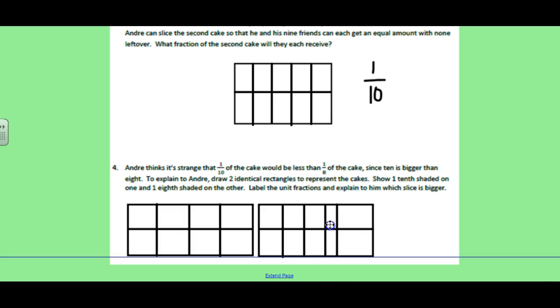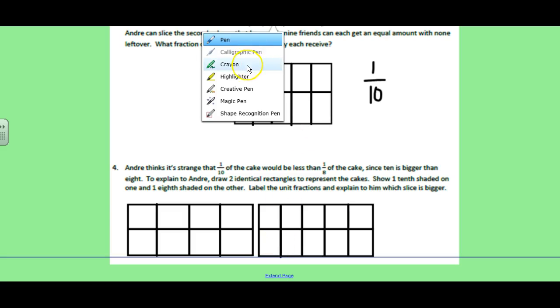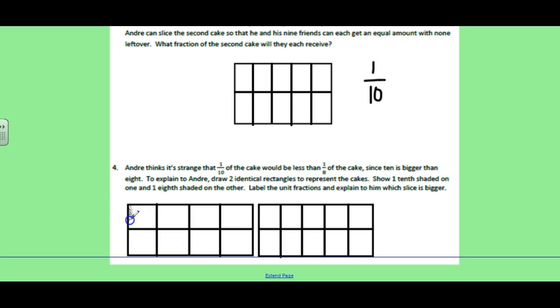So you can see the difference between 1/10 and 1/8. Because yes, you would think that 1/10 would be bigger than 1/8 because 10 is a bigger number. But the bottom number in your fraction, the denominator, the bigger that number is, the smaller the parts are, and that's one thing that you'll have to remember whenever we're working with fractions. So whenever you are shading this one part on your paper, you can see the size of it.